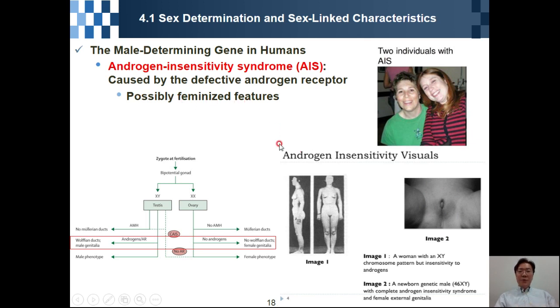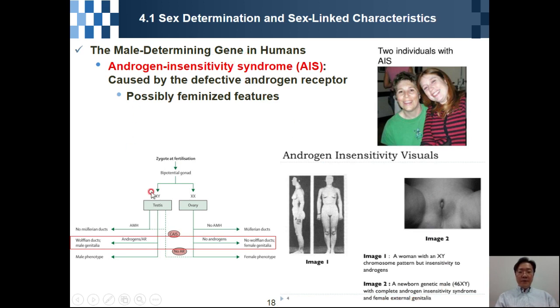So even though they are XY, even though they can make androgen, they don't have a functional androgen receptor, so they cannot make the Wolffian duct. Their phenotype looks like a woman, and they have female external genitalia.